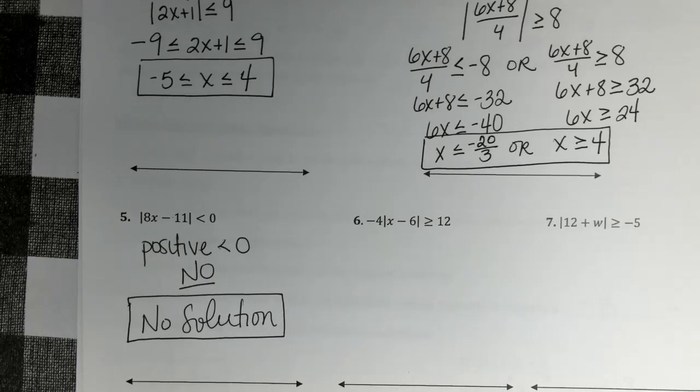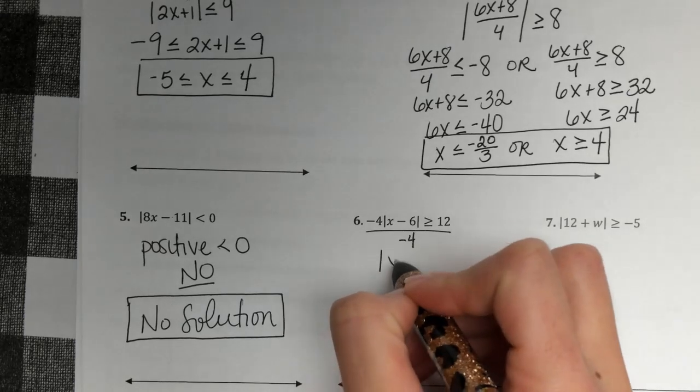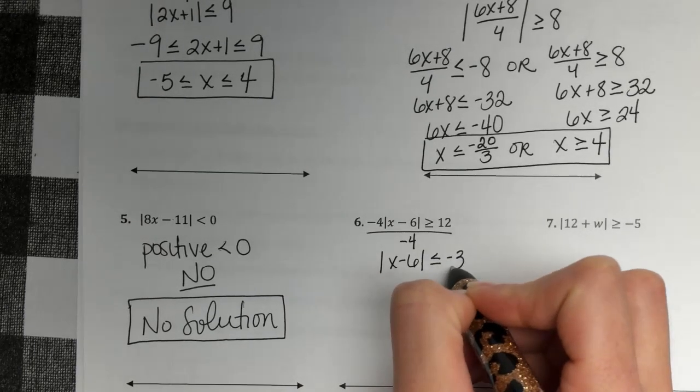Okay? So now number 6, I've got negative 4 times absolute value of x minus 6 is greater than or equal to 12. What do I do? Divide by negative 4. Absolute value of x minus 6 is now less than or equal to negative 3.